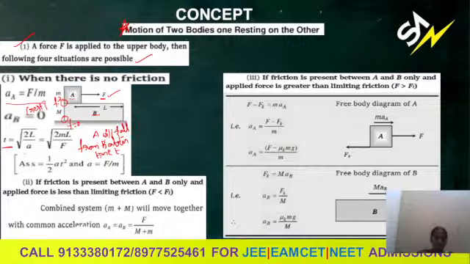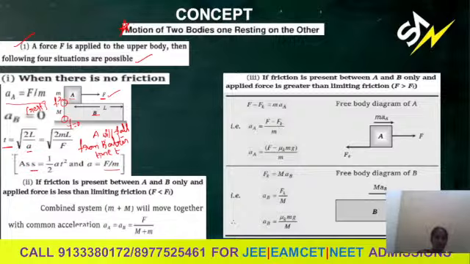We can find it. Initially at rest, so the distance travelled is L equals half a t square, and the acceleration of that block is F by m. So from this we can write t equals under root of 2L by a, where a is equal to F by m, and L is the distance travelled.